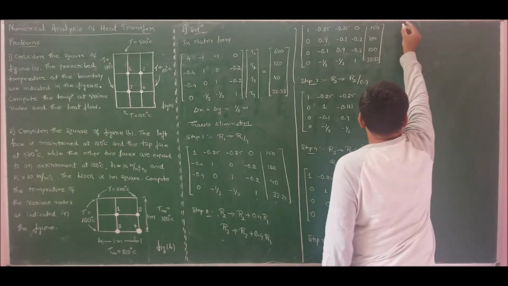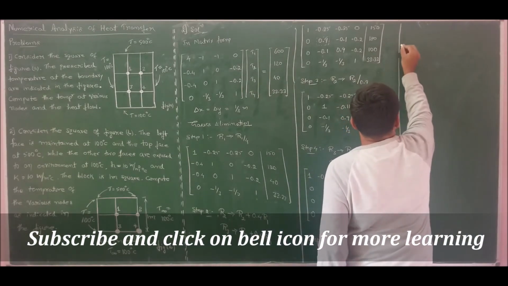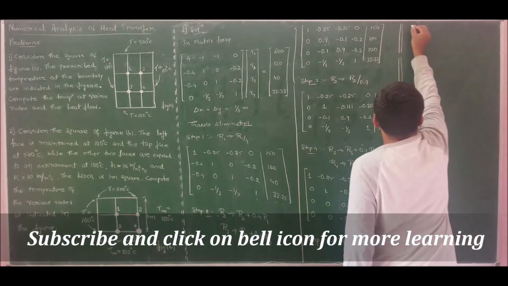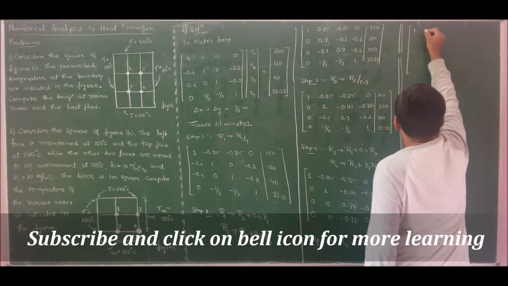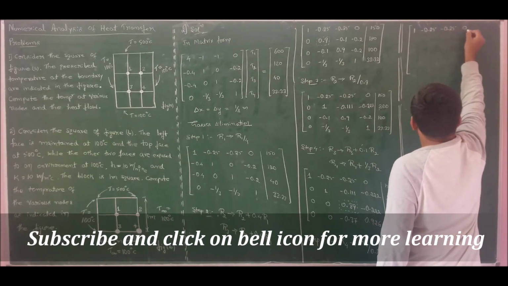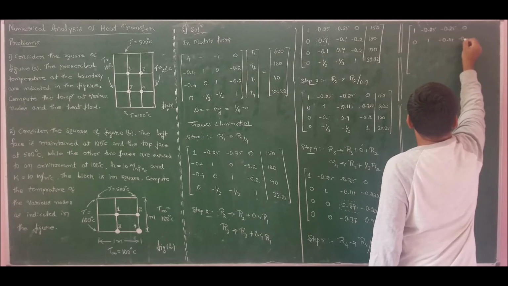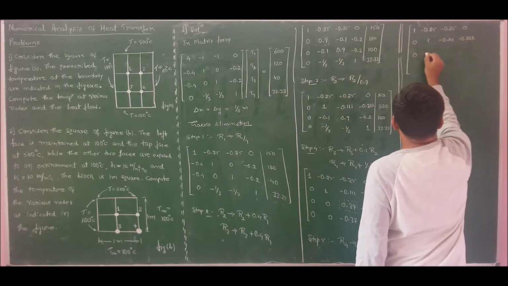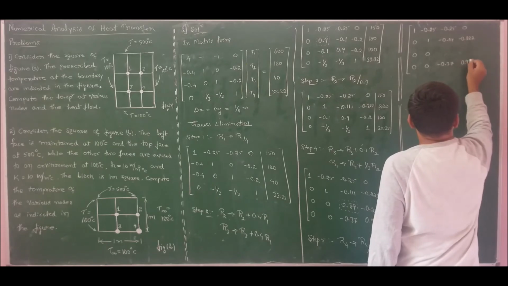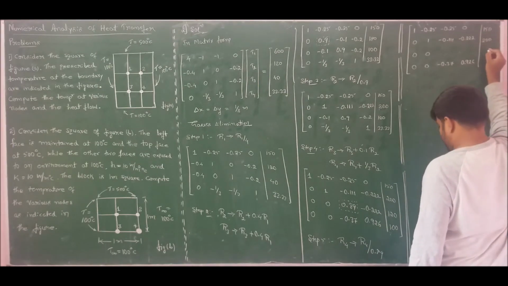So I will get the matrix as 1 minus 0.25 minus 0.25, 0, 0, 1 minus 0.111 minus 0.222, 0, 0, 0, 0 minus 0.37, 0.926, and here we have 150, 200, 120, 100.